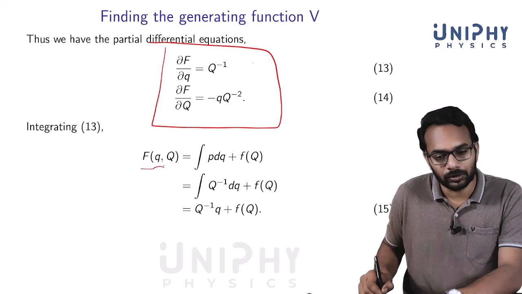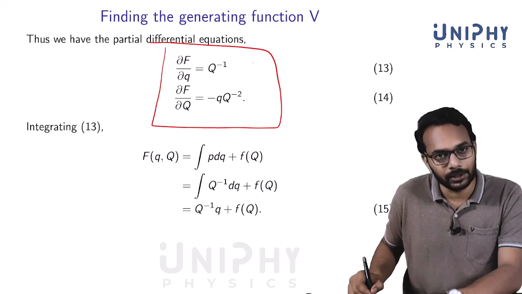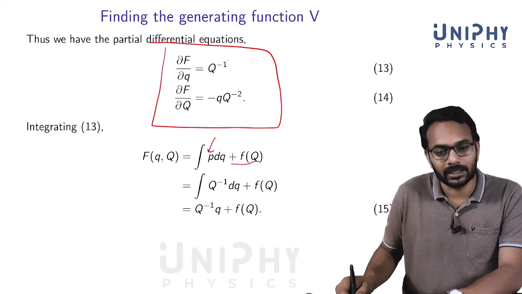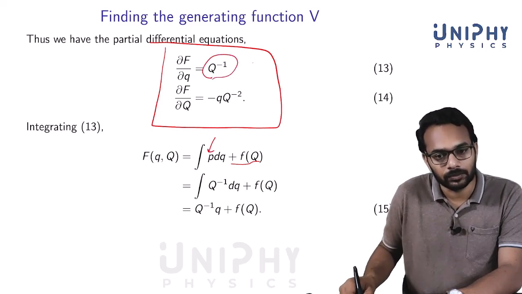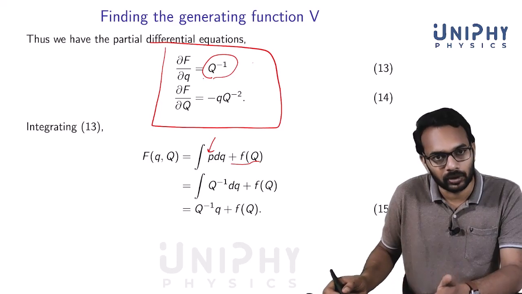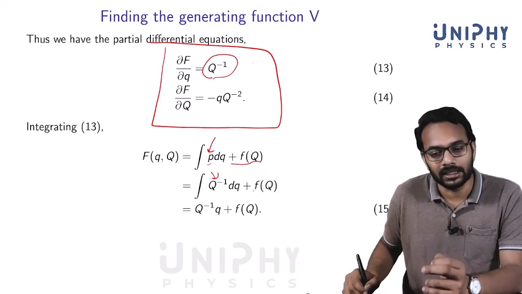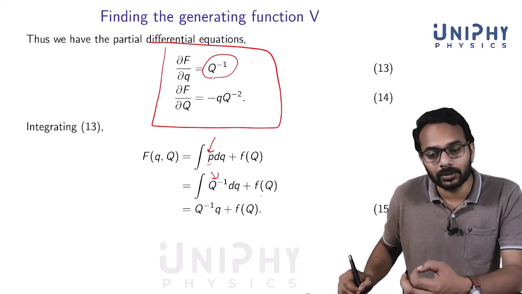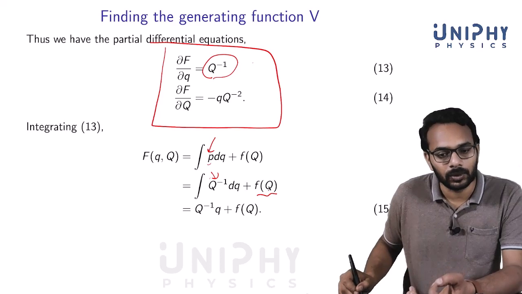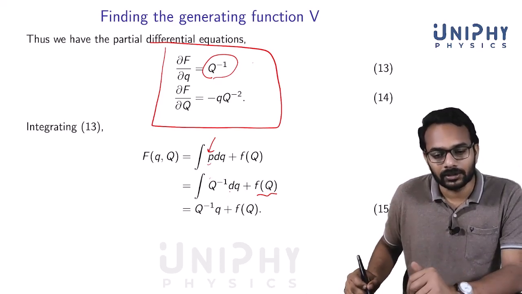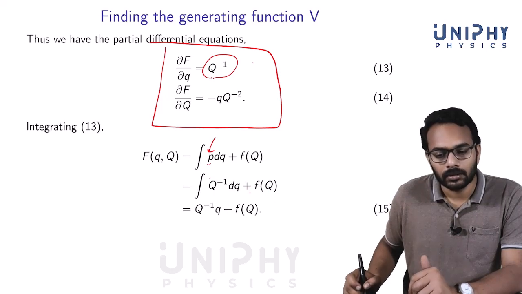F of small q comma capital Q is integral p dq plus f of Q. Now we substitute for the small p that we already found in terms of capital Q and small q. You have p is equal to Q inverse. You substitute that here. It's integral Q inverse dq plus f of Q. You still could have some function of capital Q here. So if you integrate q raised to minus 1, what do you get if you integrate q raised to minus 1?